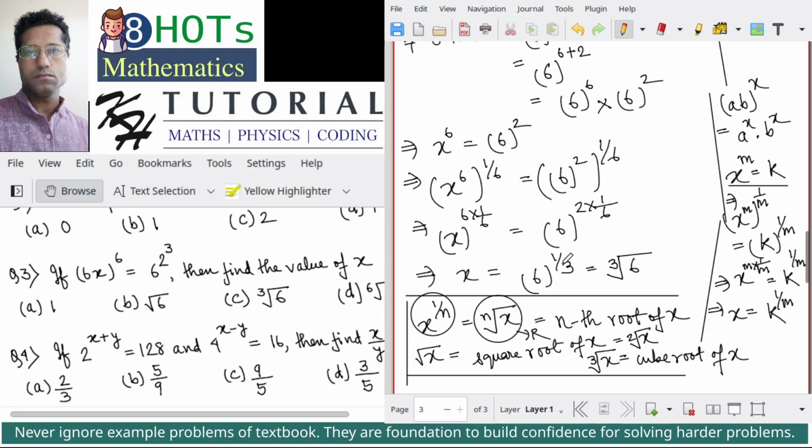So 6 raised to the power 1 by 3 is the exponential form, and in the radical form it will be the cube root of 6.